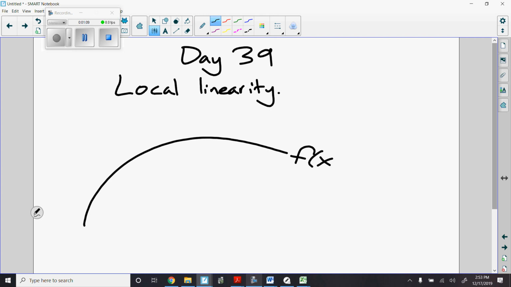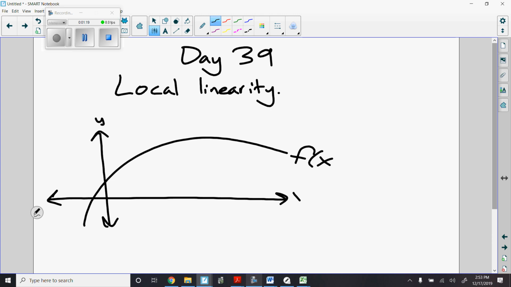Again, here's a curved function f of x. And you can tell f of x definitely does not look linear, right? It's clearly got a curve to it.